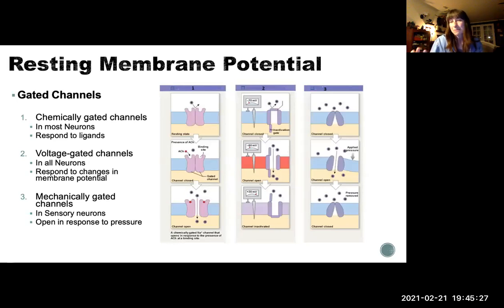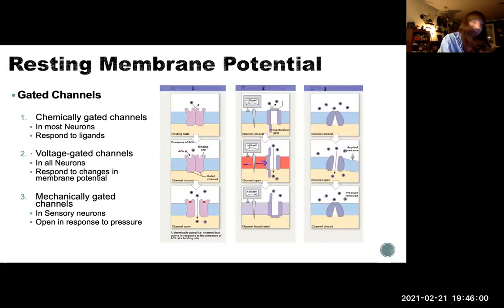Okay, so the resting membrane potential is maintained by other gated channels as well. There are 3 different types of gated channels besides the sodium-potassium pump. You have your chemically gated channels, which are channels that are triggered by receiving a ligand or a chemical or a particular molecule, right? That's what causes it to change shape or to open. You can also have voltage gated ion channels, which are literally opened when they detect a change in voltage in the membrane which they are embedded in, okay?